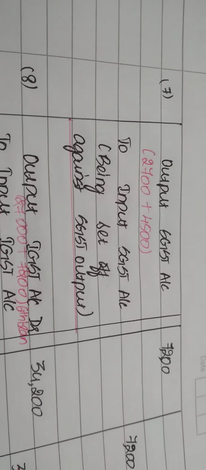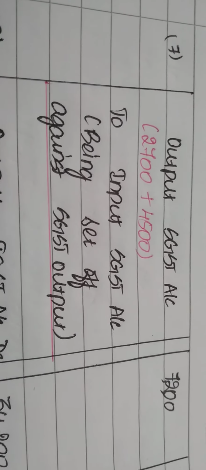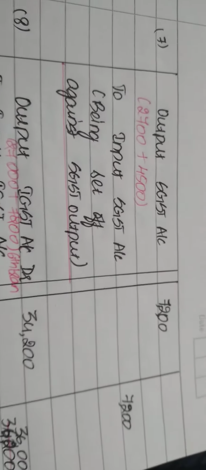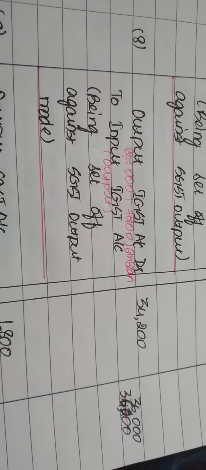Next, let's go for next transactions. Output SGST account to input SGST account. You have to add your input SGST amounts, that is 2,700 plus 4,500 from your previous transaction, so 7,200. Narration being set off against SGST output. Next one, output IGST account debit to input IGST account.